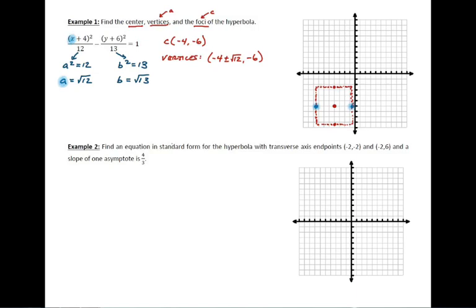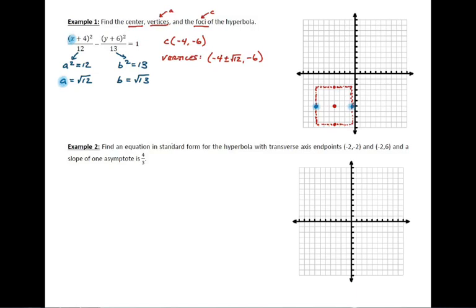And if you subtract the square root of 12, it takes you to the left end point of where the box is. So in terms of writing the vertices, you could write them as a single point with a plus or minus between, and go -4 plus or minus root 12 takes me to those two edges. And you should make sure you're adding that root 12 to the x variable of your center, because this is going to open left and right. So there are my vertices.